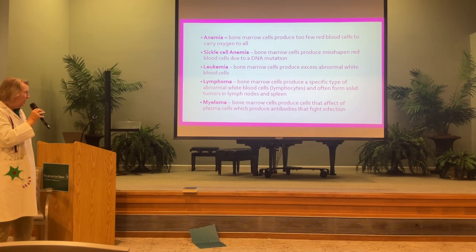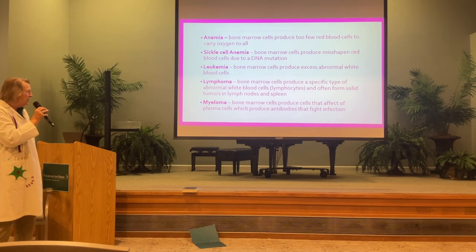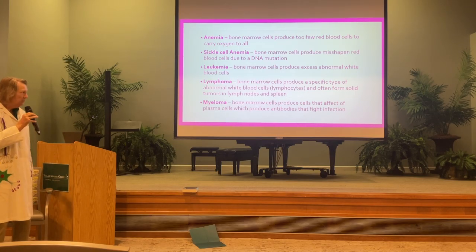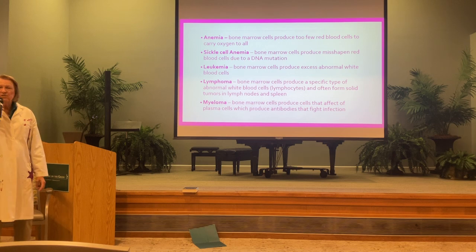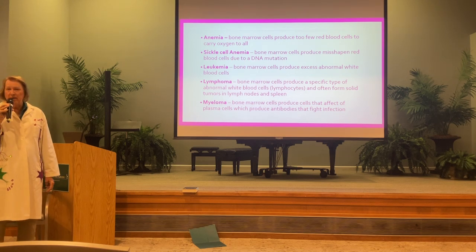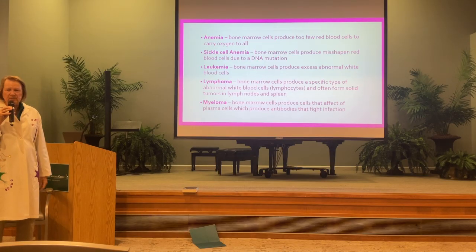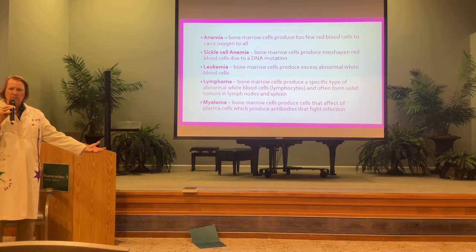And then myeloma is when bone marrow cells produce cells that affect plasma cells. That's one of the kinds of white blood cells that make the antibodies. So you can see lots of things can go wrong in the bone marrow, leading to all these different kinds of disorders that impact the blood.